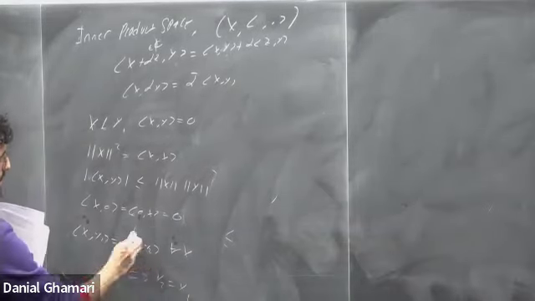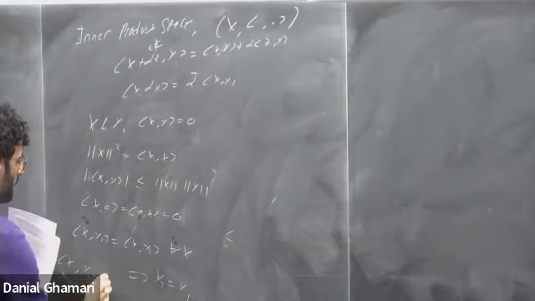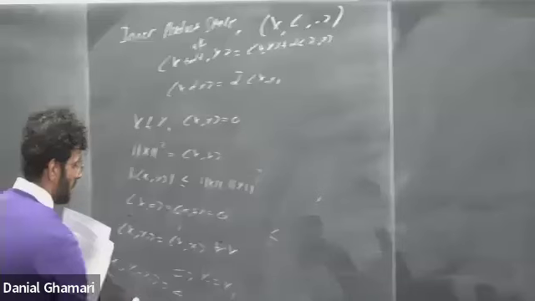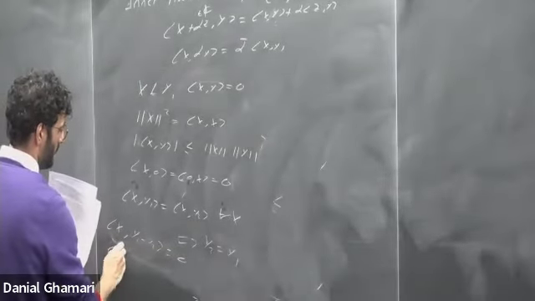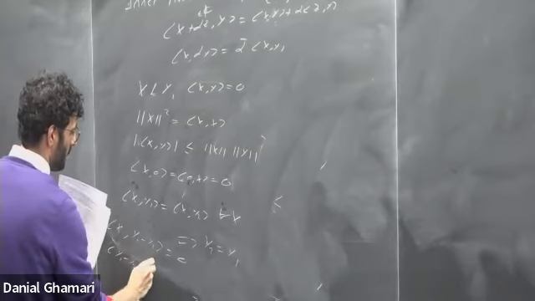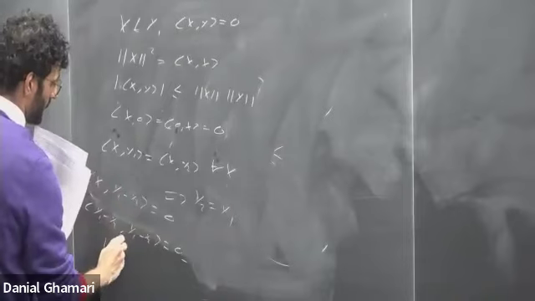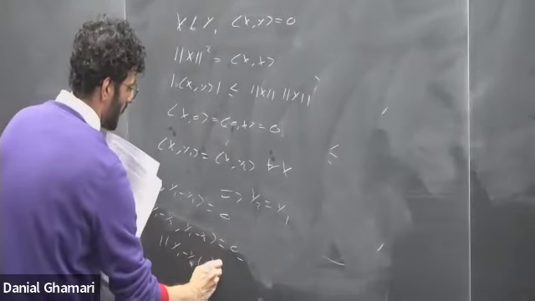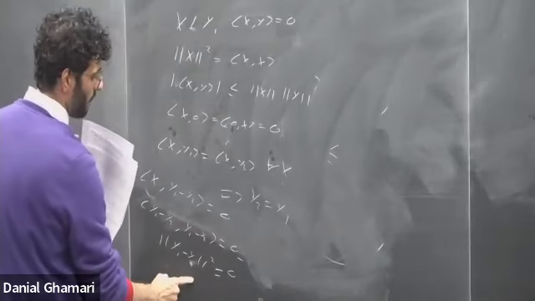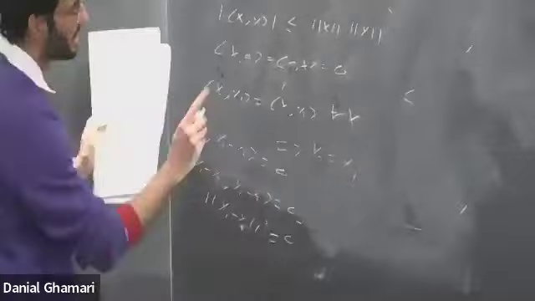Essentially, move the inner product to the other side, so you get x comma y1 minus y2 is equal to 0. Since this is true for all x, you can plug in y1 minus y2 for x. So y1 minus y2 comma y1 minus y2 equals 0. The left-hand side is the norm of y1 minus y2 squared equals 0, so y1 minus y2 has to be the 0 vector, so y1 equals y2. Really simple result here.